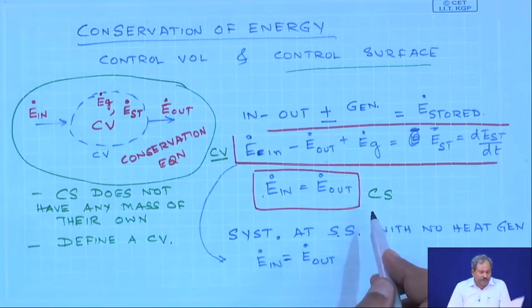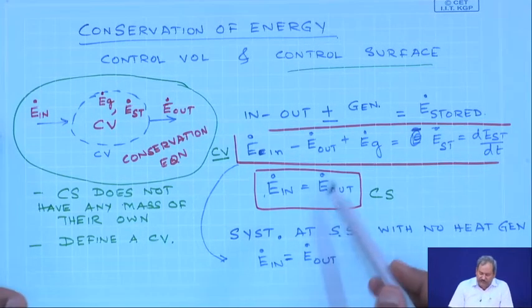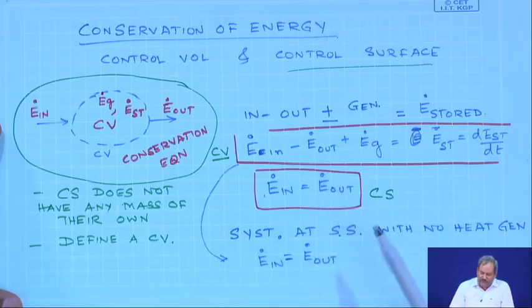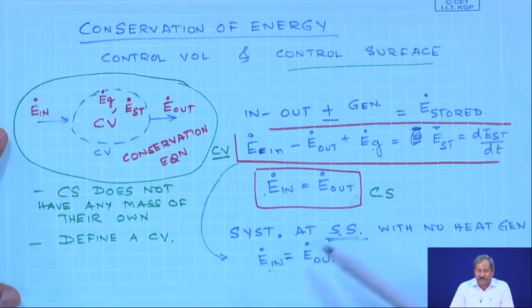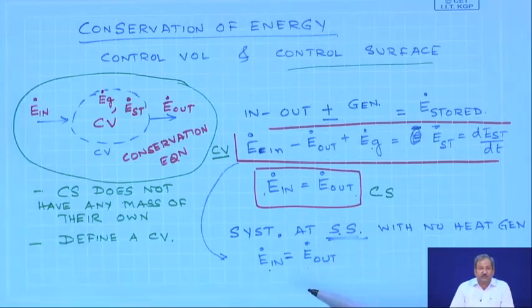So, when you look at these two equations, in absence of any heat generation and at steady state, that is very important, at steady state this becomes identical with the control surface equation. However, fundamentally, conceptually you must appreciate what is the difference between a control surface and a control volume.